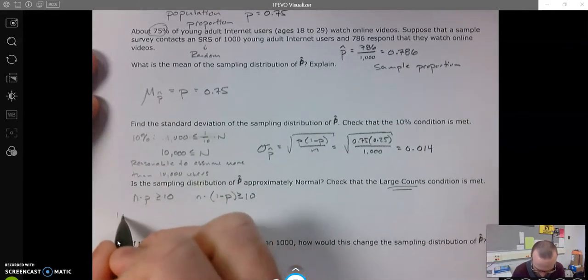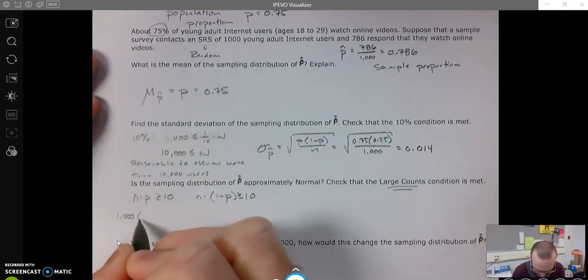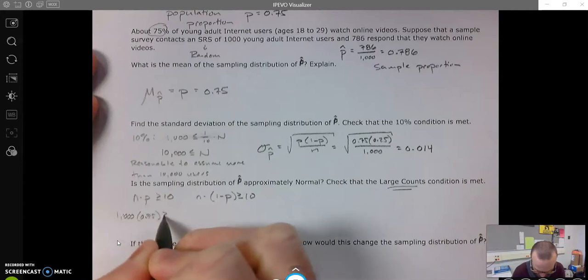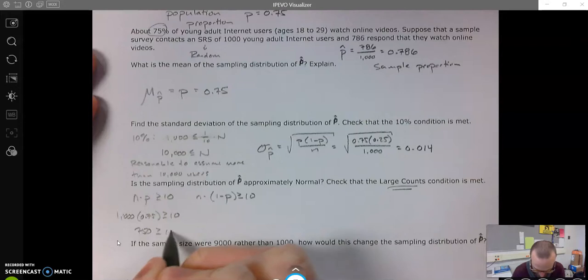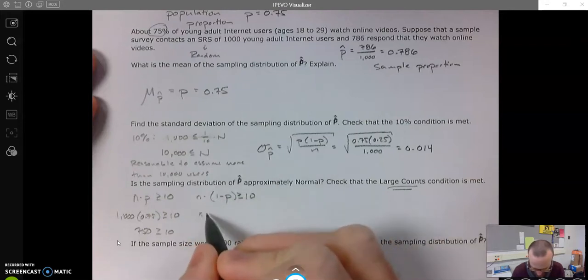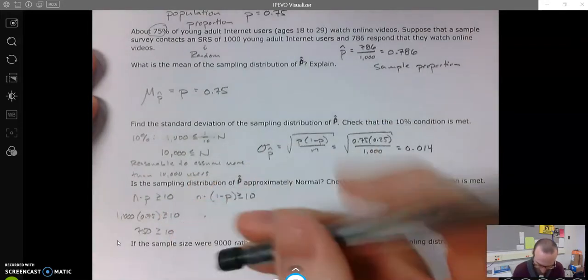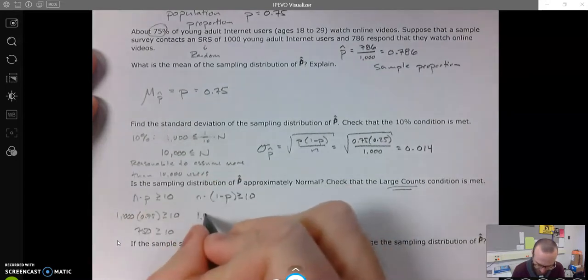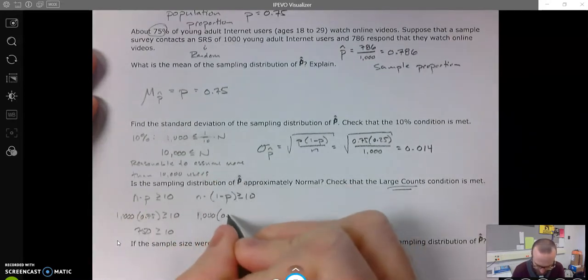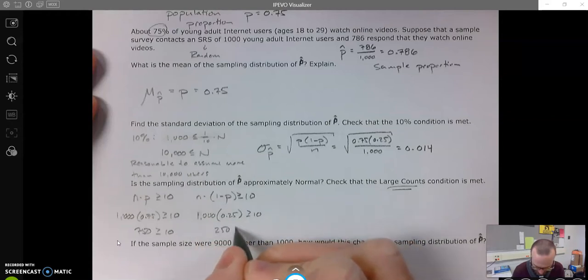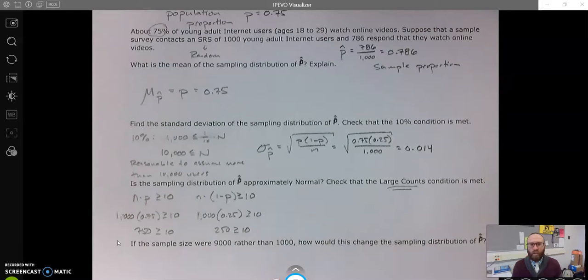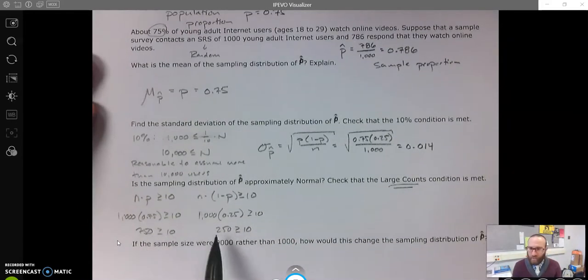So 1,000 times 0.75 is 750. And 1,000 times 0.25 is 250. So we do have more than 10 successes and failures in this case.